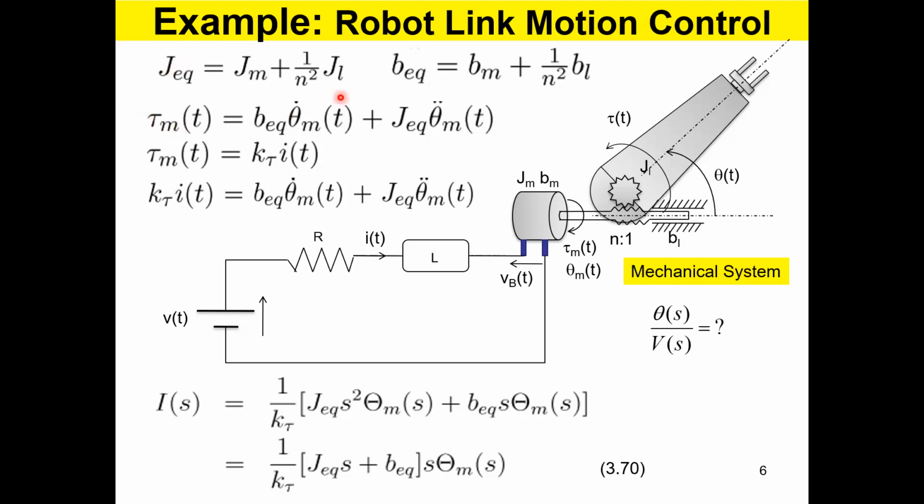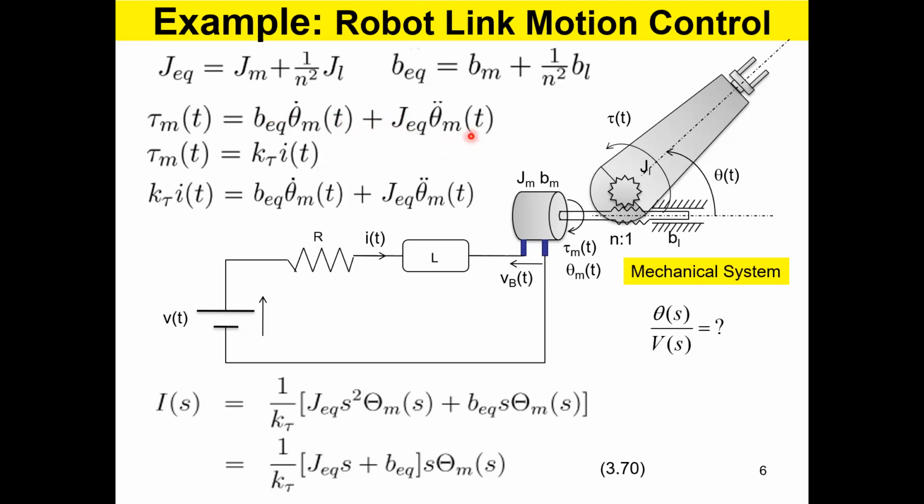The first part here is BEQ theta dot m: depending on the speed it rotates, times BEQ is the total torque required to maintain that speed.